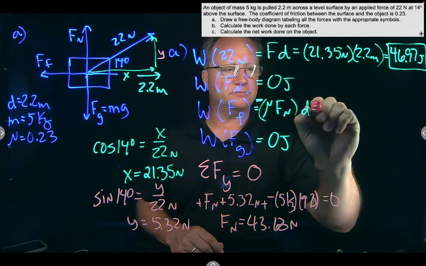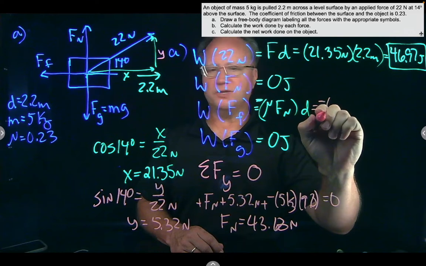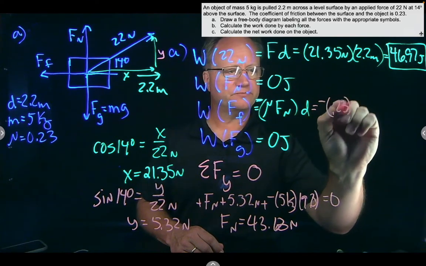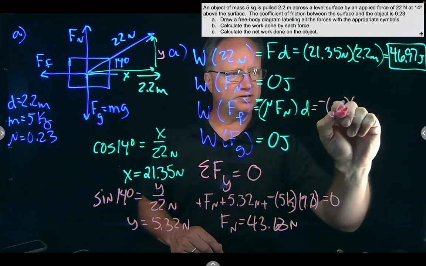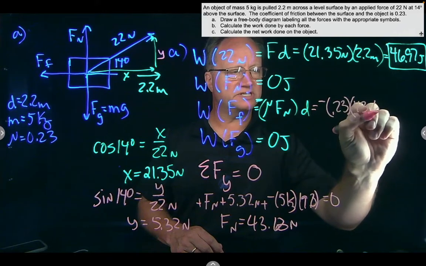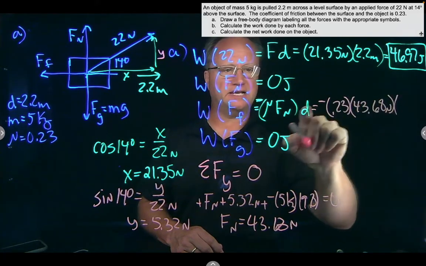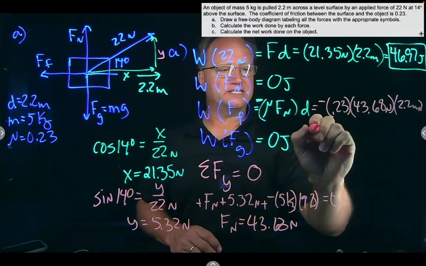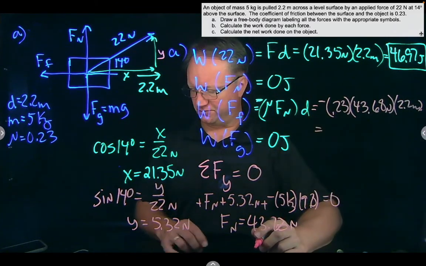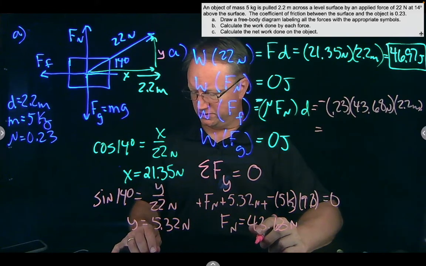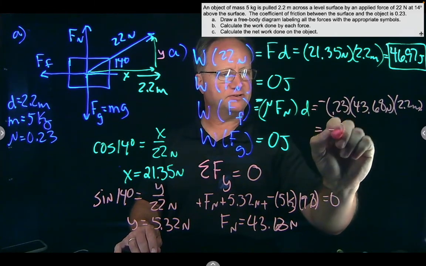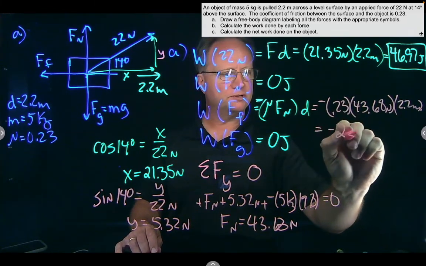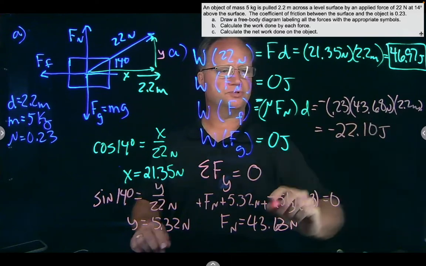So then this is going to be negative mu 0.23. Normal force, 43.68 newtons. And then D, 2.2 meters. That's going to give us work done by the frictional force equal to negative 22.10 joules.